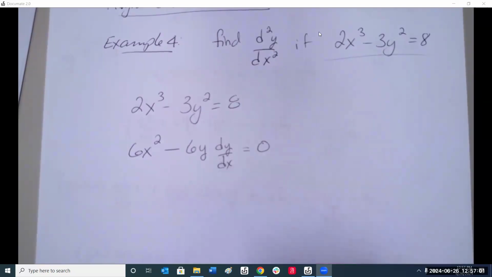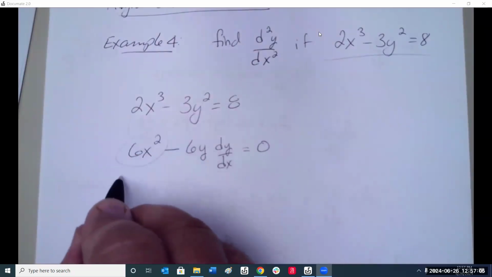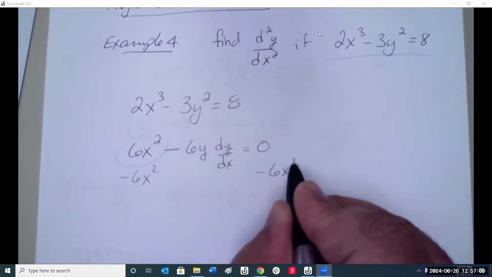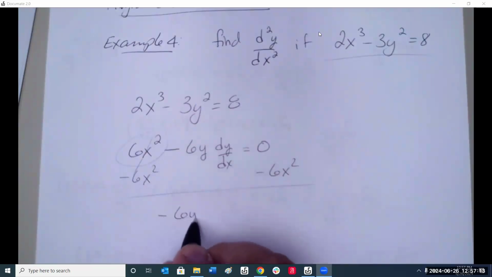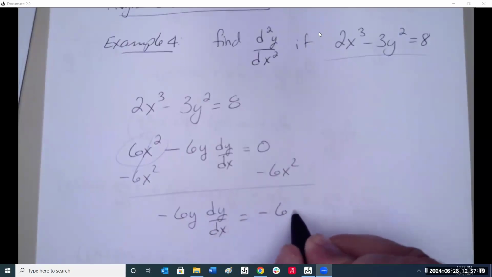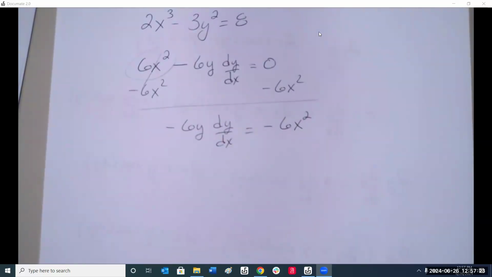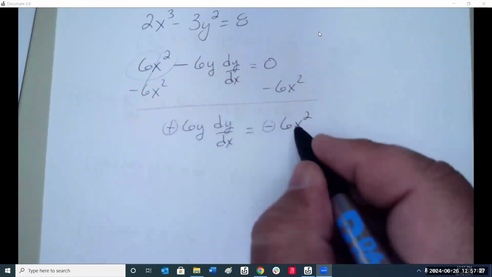Solve for dy/dx. So subtract 6x squared from both sides. Negative 6y dy/dx equals negative 6x squared. Change the signs, they both become positive.